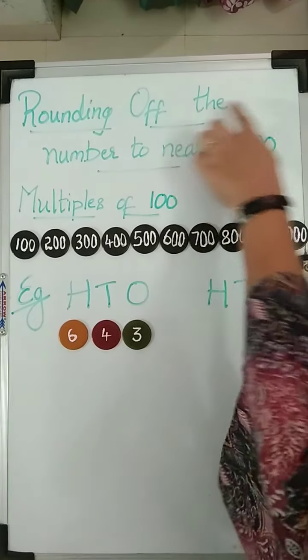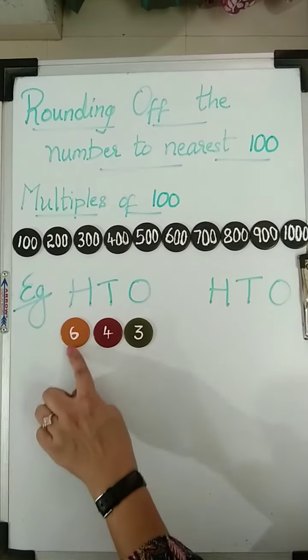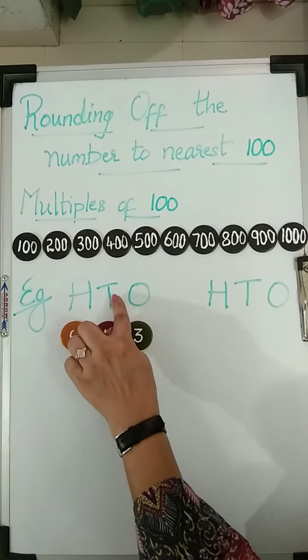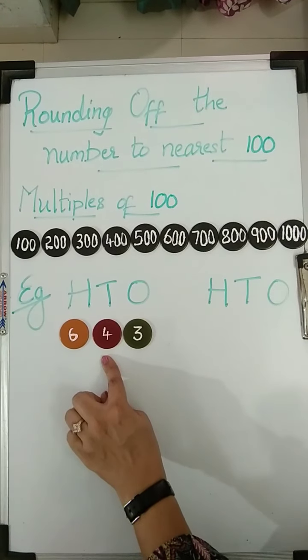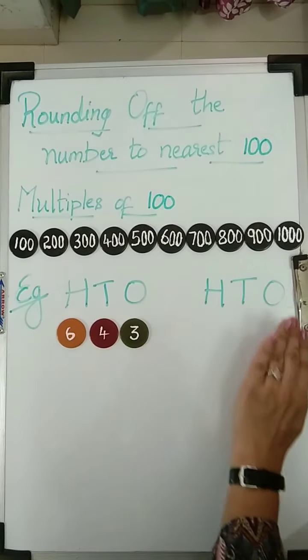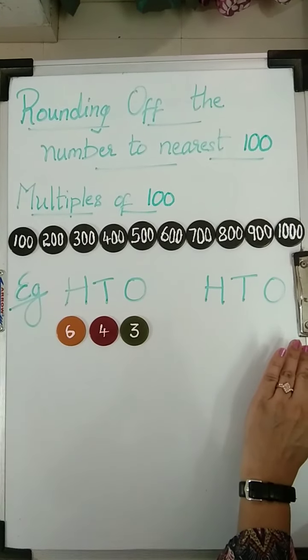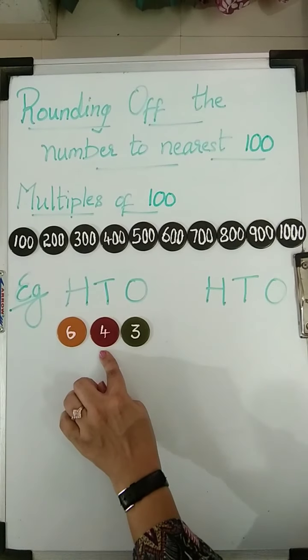Now we are doing rounding to the nearest hundreds. So when you are doing rounding to nearest hundreds, we have to always check the tens place. Now what is the digit in the tens place? The digit is 4. The rule says if the digit in tens place is 5 or more than 5, the number will be rounded to the next hundreds. So now what is the digit here? It's 4. So 4 is less than 5.